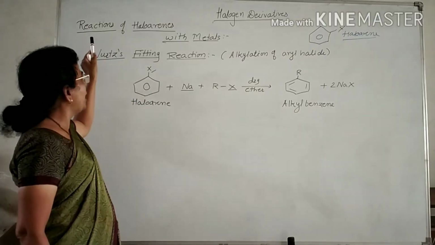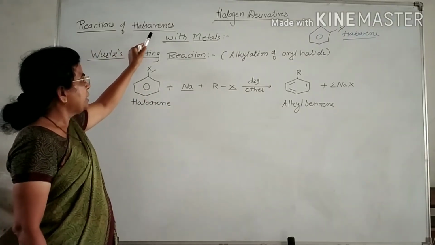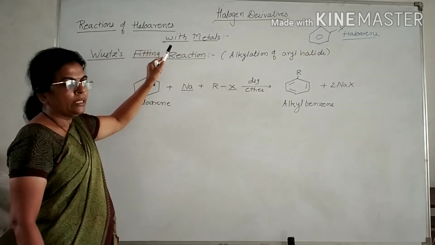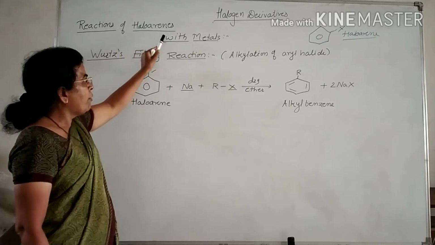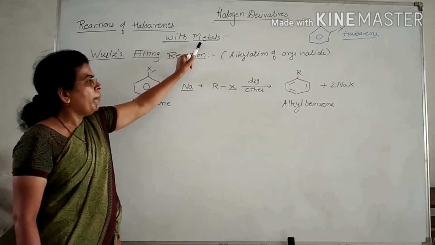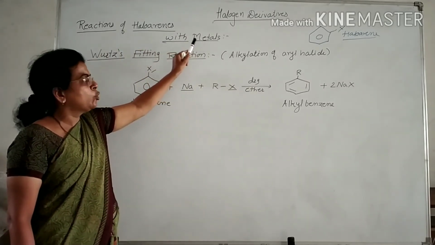Next reactions we are going to see are reactions of haloarenes, in which the first reaction is the reaction of haloarenes with metals, that is an active metal like sodium.